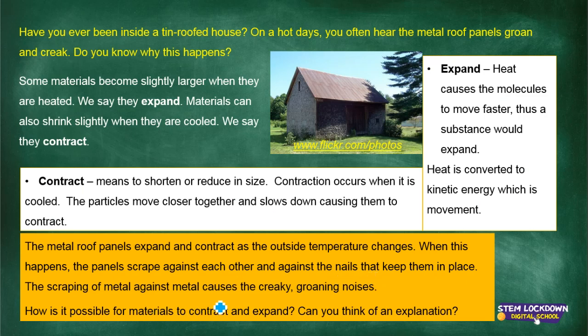The scraping of the metals causes the creaky or groaning noises. Now you may ask yourself, how is it possible for materials to expand or contract? Before I move to the next slide, I want you to think about how it is possible, and think of the particle model.